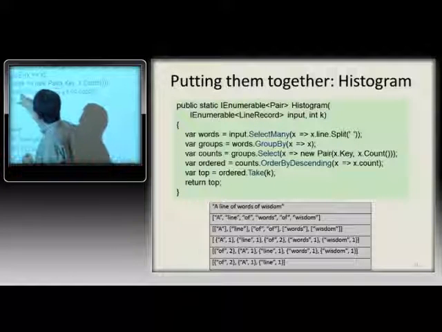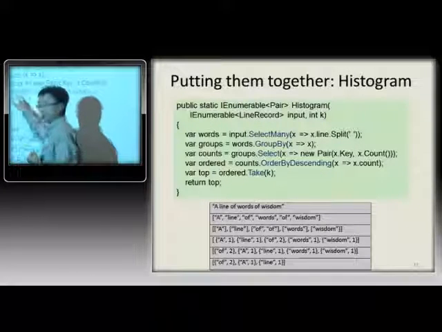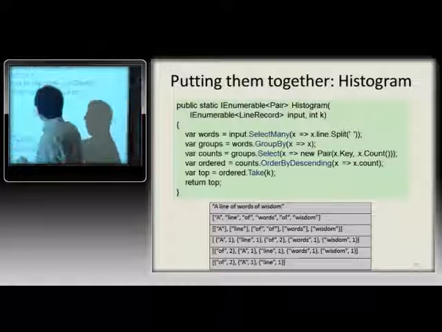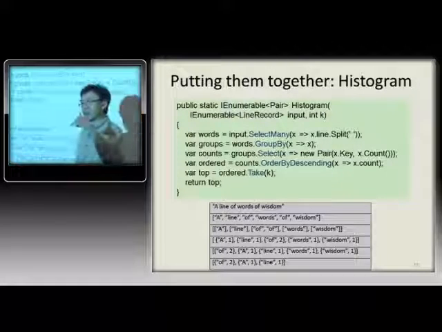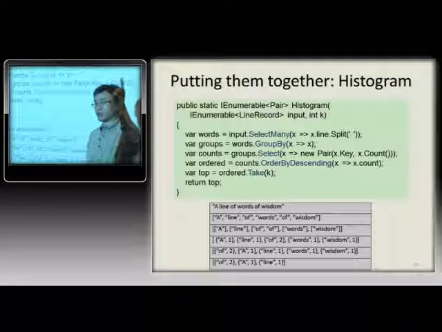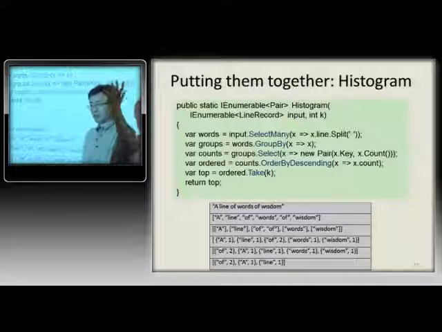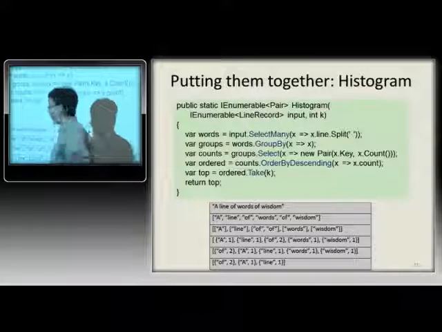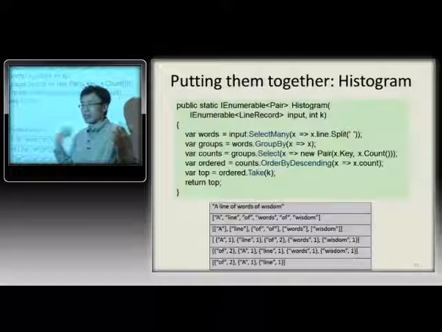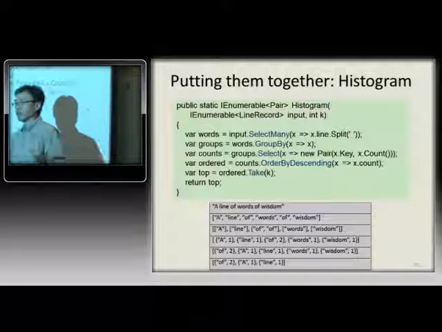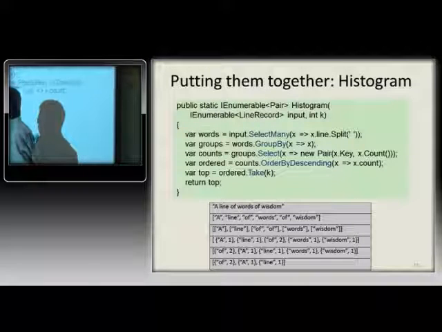Then I sort it based on the count, which gives a descending order with the most frequent word at the head. Then I take K, the top K most popular words. So this is the answer.